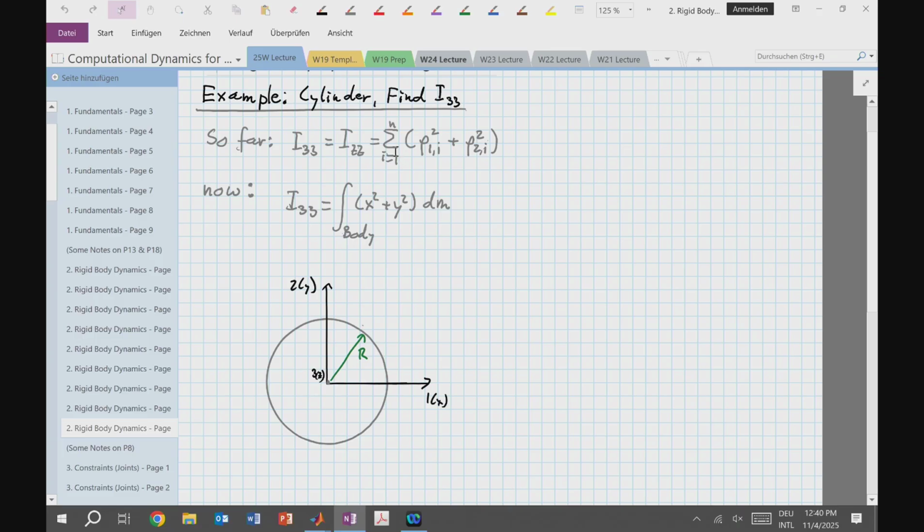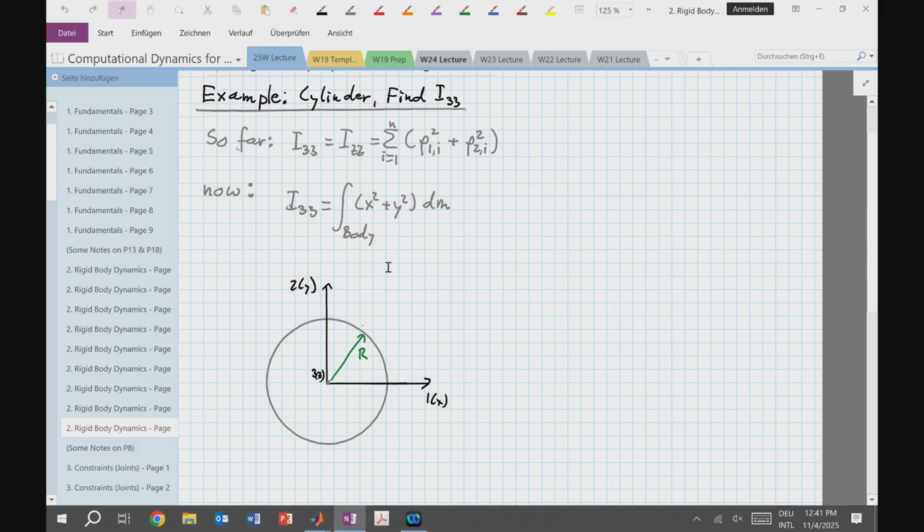You integrate over all particles over these values rho 1 and rho 2, position in the 1-axis, 2-axis. Here we now have the integral, and I basically have to compute this integral over the body x-coordinate squared, y-coordinate squared, dm.